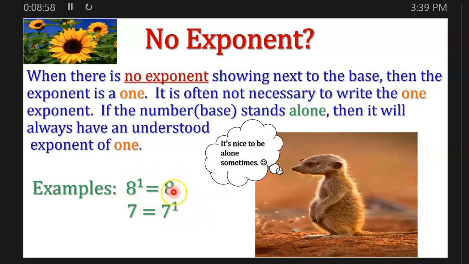Most of the time you're just going to see an 8 by itself. And so it's understood that if there's an 8 there, there is an exponent of 1, even though we aren't required to write it. Same with 7. 7 here is the same as 7 to the power of 1, or with an exponent of 1. Again, we aren't required to write it, but sometimes it helps when you're learning how to do operations like multiplying and dividing with these exponents.